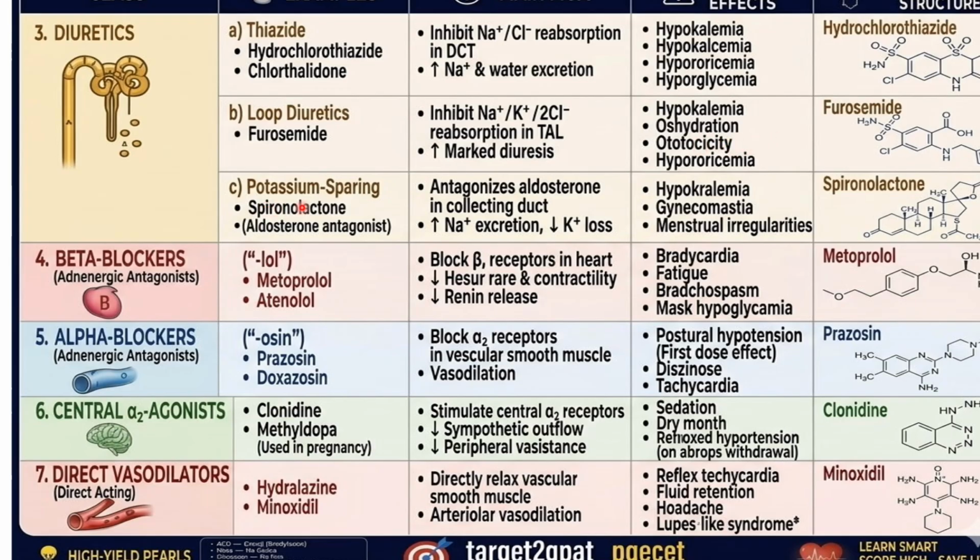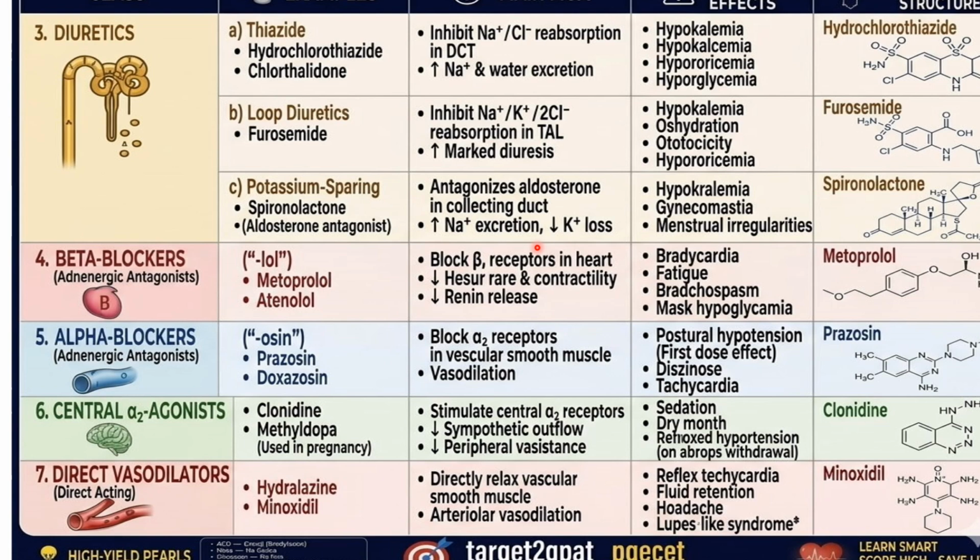Coming to the potassium sparing diuretic, the best example is spironolactone, an aldosterone antagonist, and its site of action is the collecting duct. So here we are covering not only the mechanism of action but also the site of action. It causes increased sodium ion excretion.